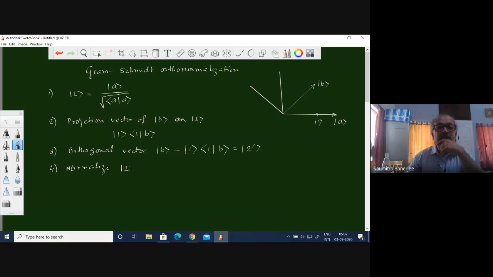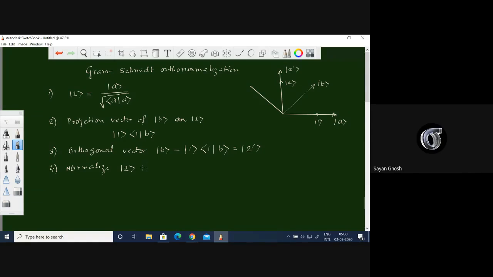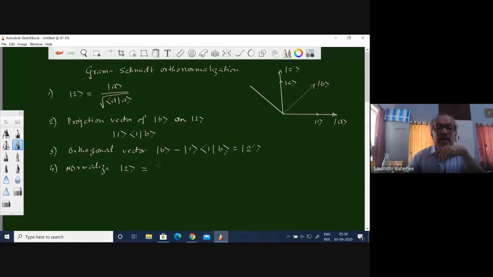So we get the vector e2, which is a unit vector in this direction. This vector without normalization was the e2 prime vector. So we start with e2 prime and divide it by the square root of ⟨e2'|e2'⟩.